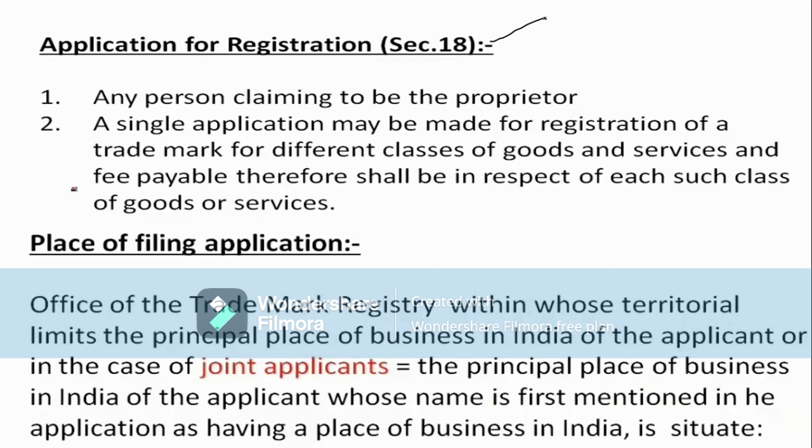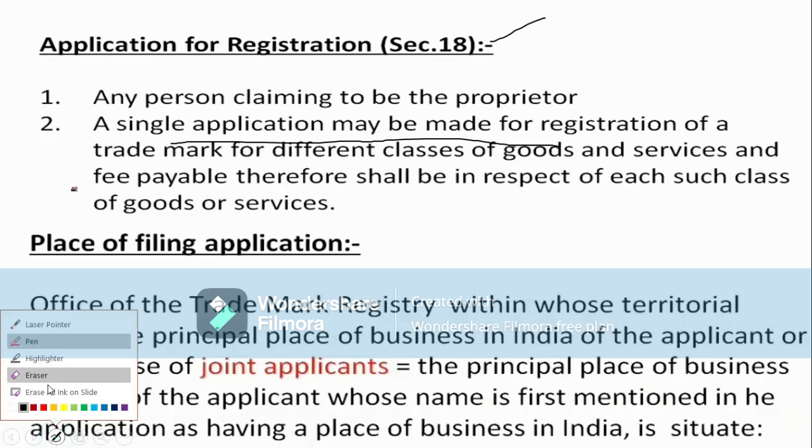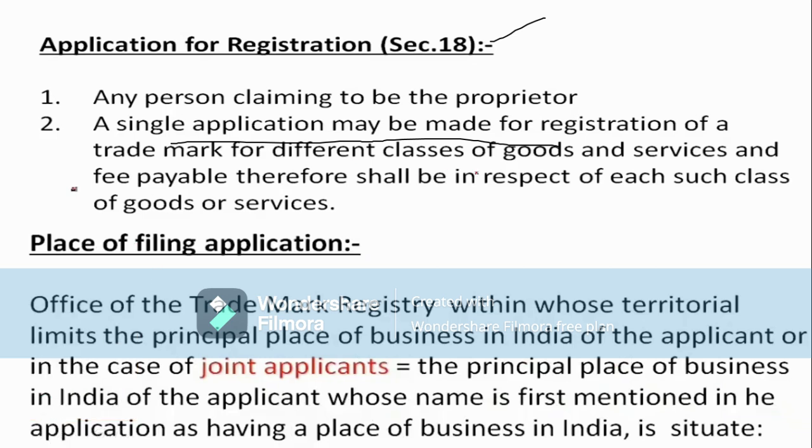And a single application may be made for registration of a trademark for different classes of goods and services. As I said before in the introduction, there are different classes of goods and services.